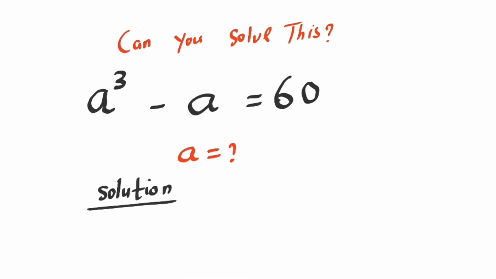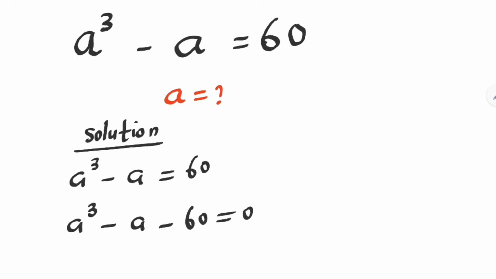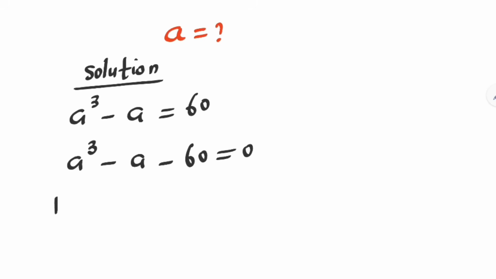We have the given equation a raised to power 3 minus a is equal to 60. Now this can be written as a raised to power 3 minus a minus 60 is equal to 0. Now let's see if a is equal to 1, maybe it's going to equal 60.